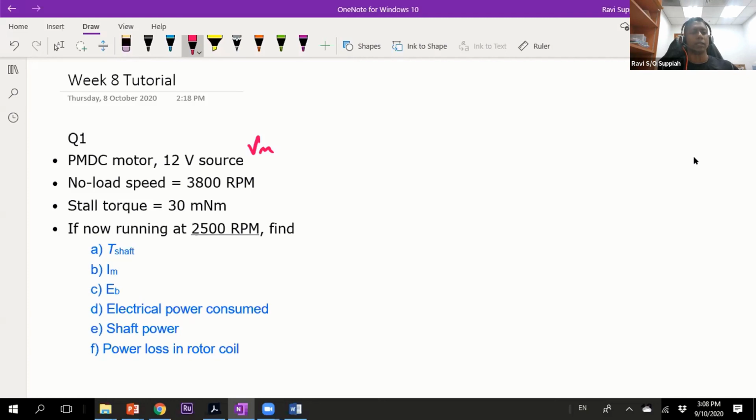These are some of the parameters given to us, and now we are told that we are going to be running the motor at 2500 rpm, and we are asked to find out all this information. So how do we go about finding out this information? The first thing is we want to convert the rpm into omega.